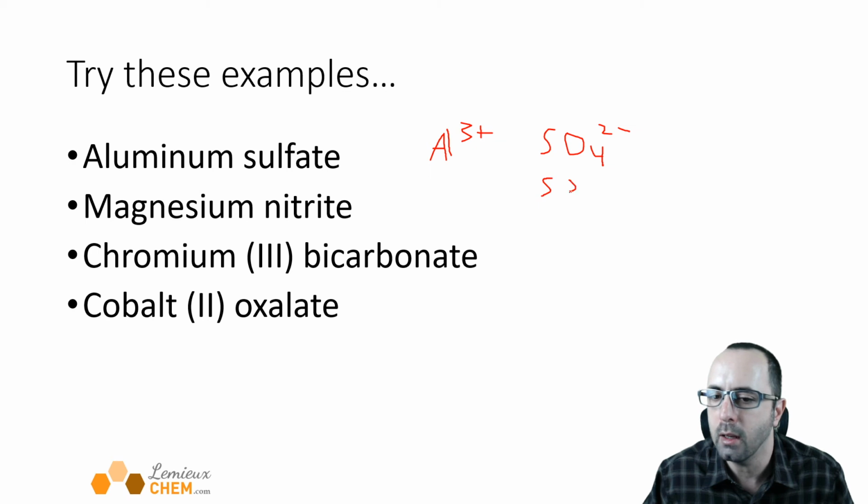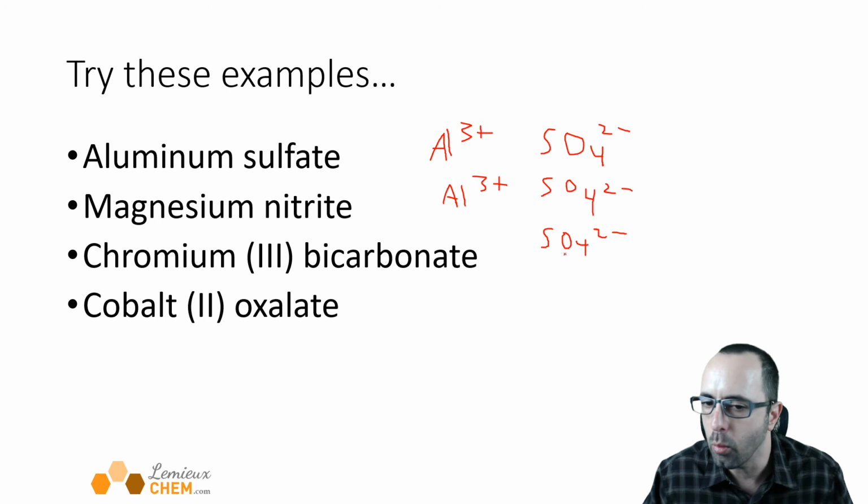And so we have 2 negative charges and 3 positive charges. We'll want more negative charges, so we can add a sulfate. And we'll want more positive charges now because we have 4 negatives, 2 and 2 here. We only have 3 positives, so we add another aluminum. And finally, here we need more negative charges because we have 6 positives and only 4 negatives, so we add another sulfate.